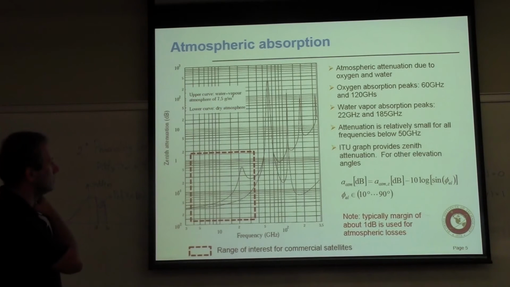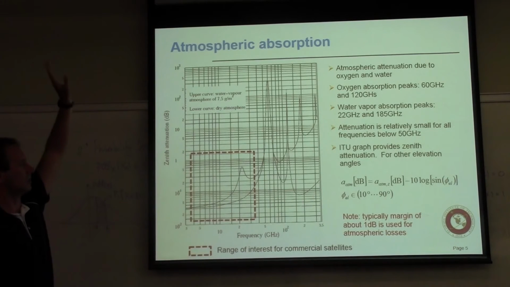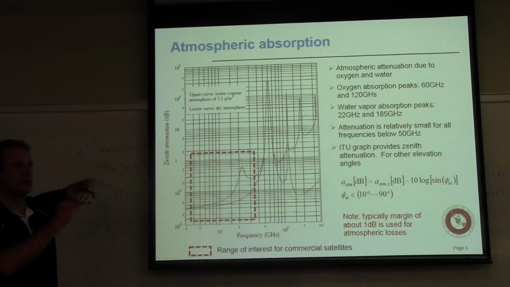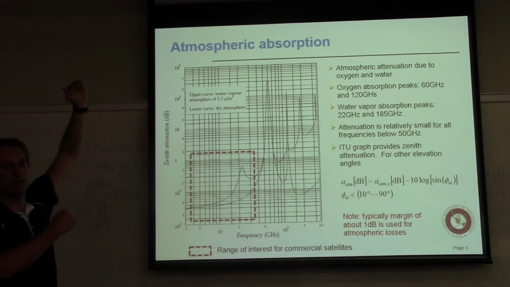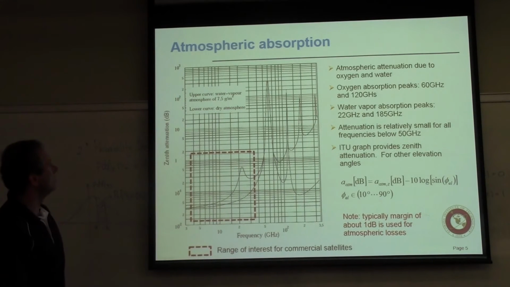Maybe not in this book. It says zenith attenuation, so I guess this is the attenuation through the whole atmosphere, because it's a satellite book, not a microwave book. So if you go straight up and go through the entire atmosphere, this is how much of an additional loss you're going to have in dB.